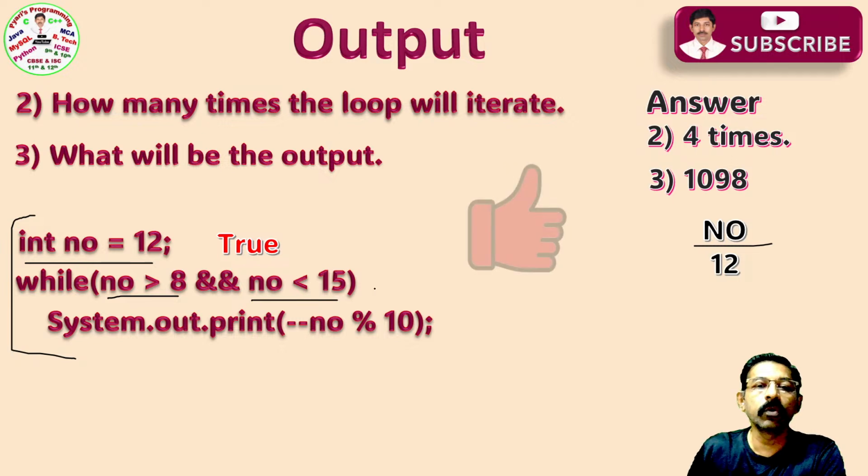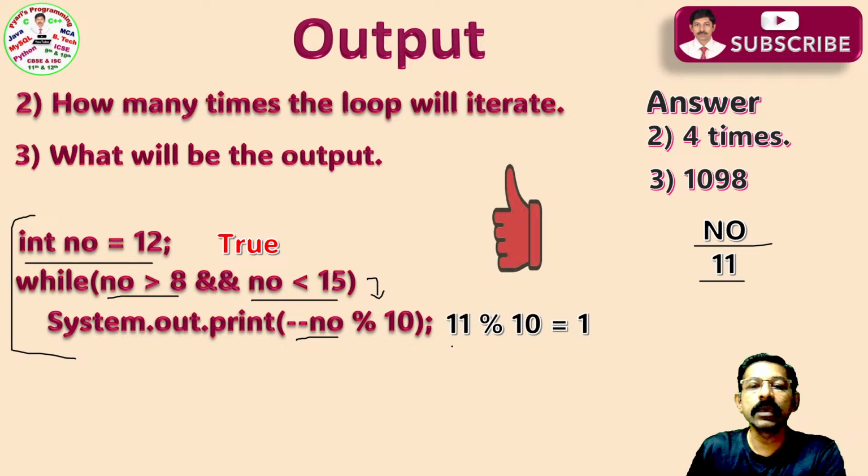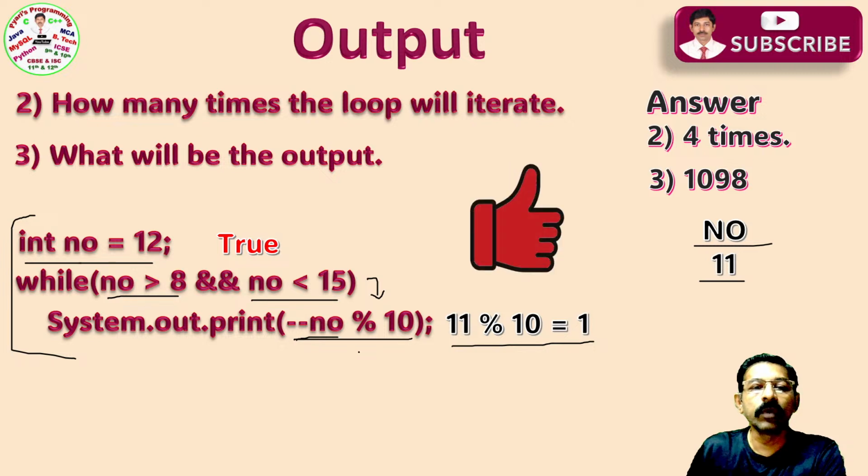Hence it will get into the body of the loop where updation has to be done first, that is minus NO. We'll make it 11. Next, 11 modulo 10. Remainder is 1. Now the whole output will be 1. Hence the print statement will display 1.